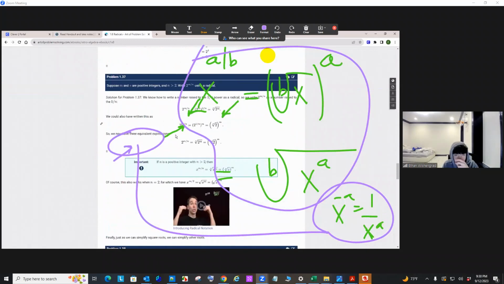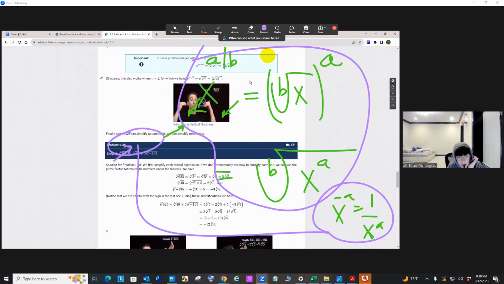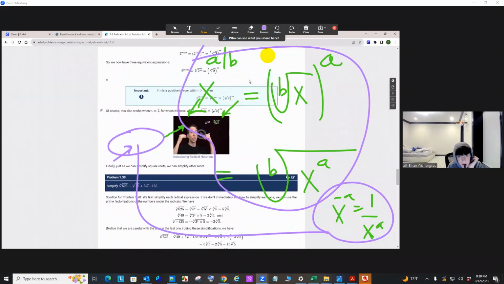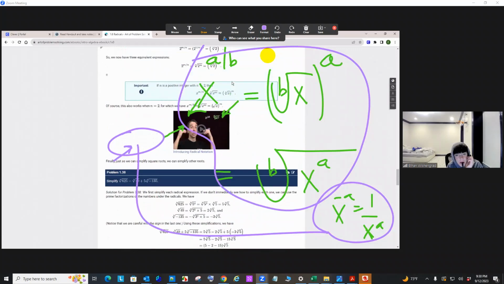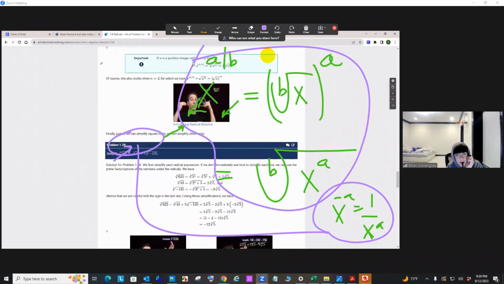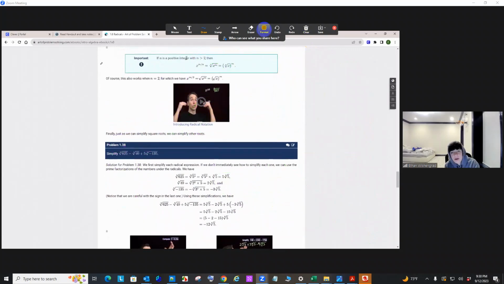Go a little bit lower. There it is. N is a positive integer greater than 2. See that? It's important. That's what I just wrote, right?